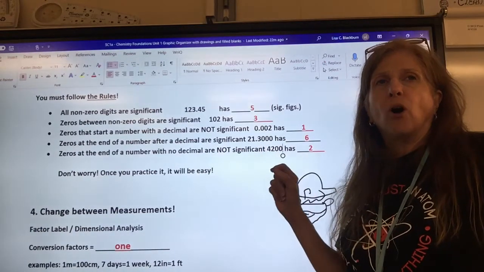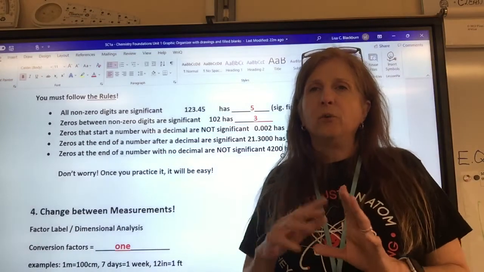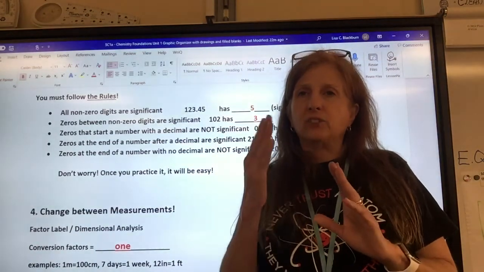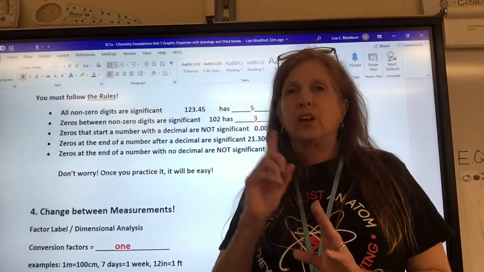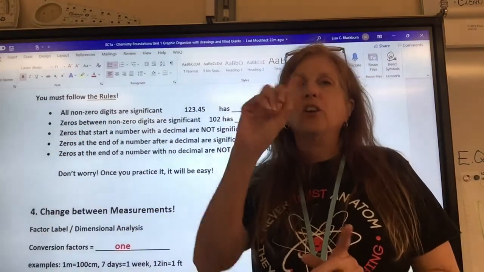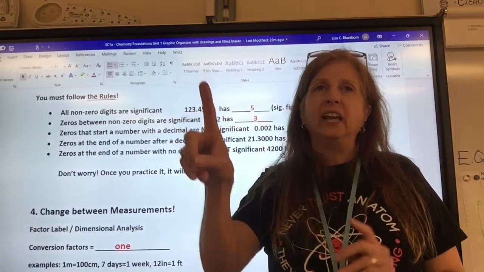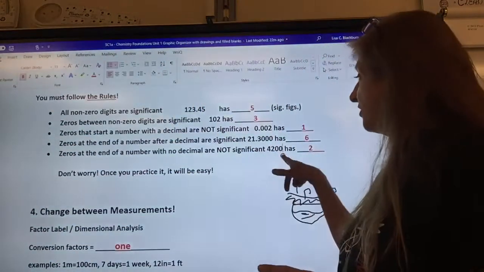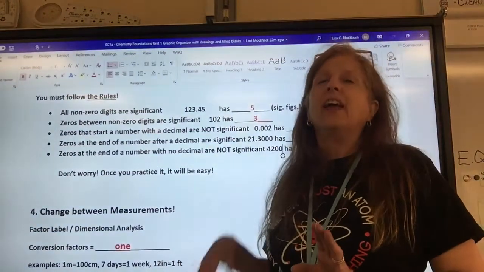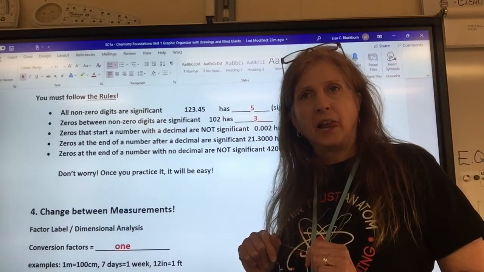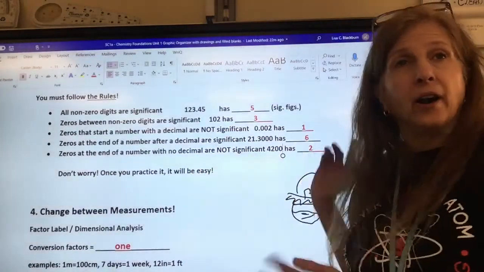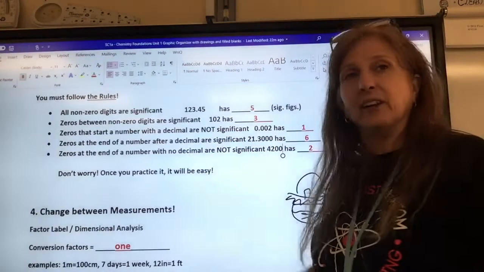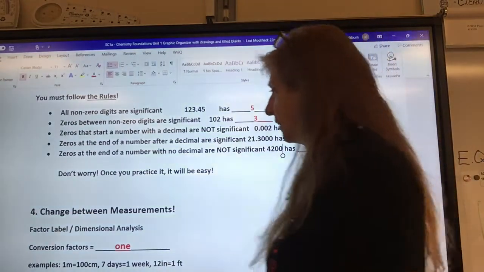It's that same bar that you put, remember, if you do 1 divided by 3 and you want to show that 0.333 goes forever, you can put a little bar over the 3 and it means it keeps going. It's that same little bar, but what it means here is that 0 was measured. Okay, everybody good with that idea? All right, don't worry. Once you practice it, it will be easy. Okay, so we're going to practice this.